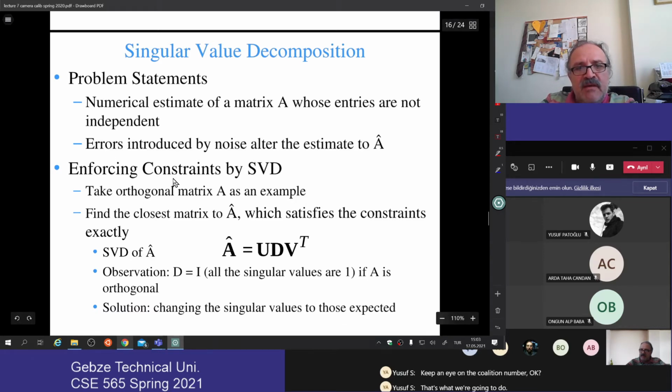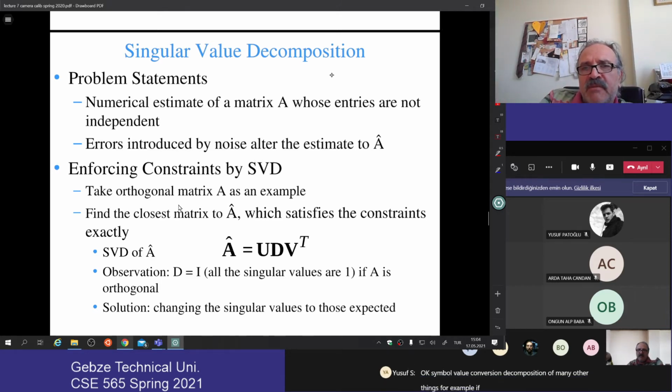By the way, we could use singular value decomposition for many other things. For example, remember our rotation matrix. A rotation matrix is an orthogonal matrix, right? That means R inverse is equal to R transpose. That's what I know.